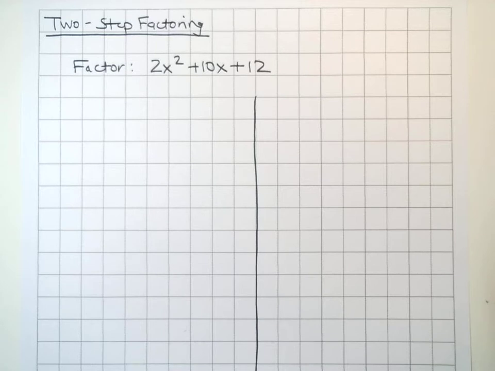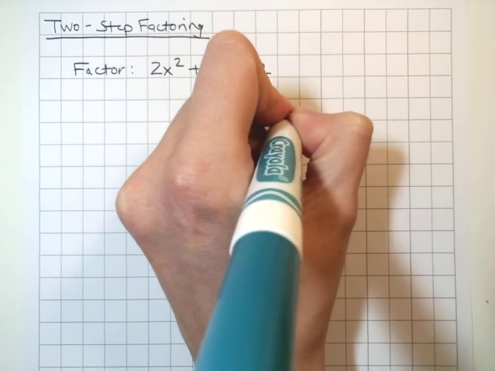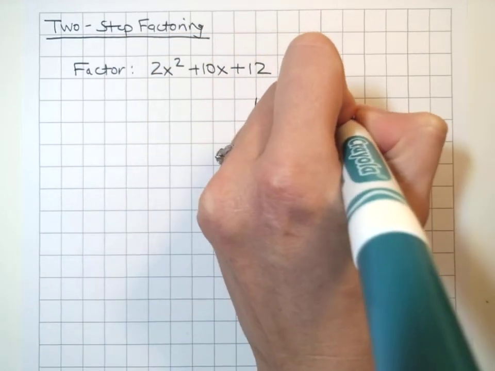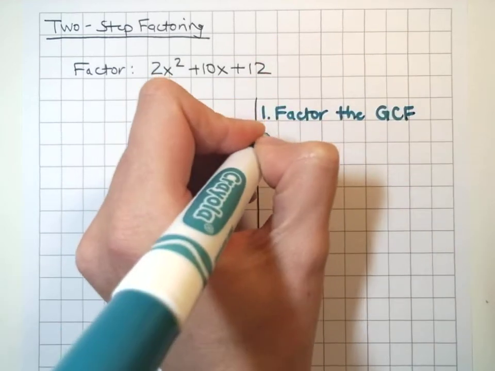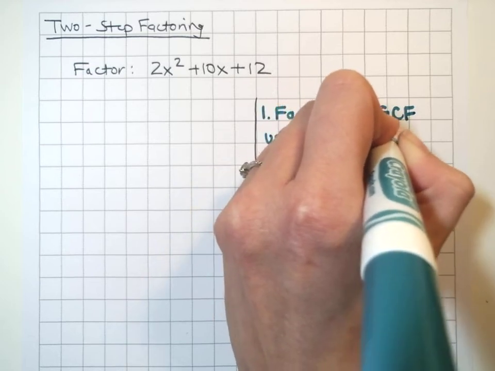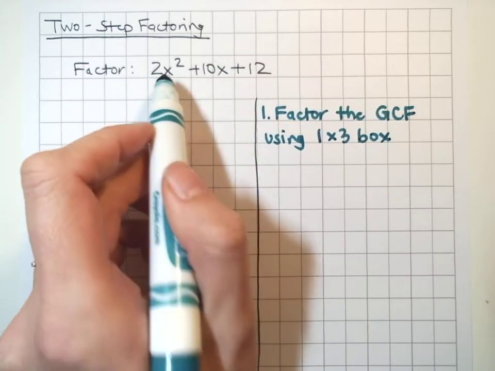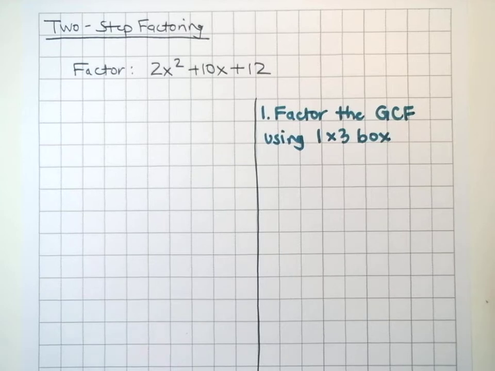So first, we are always going to factor out the GCF. And since there are three terms, we are going to be using a 1x3 box.